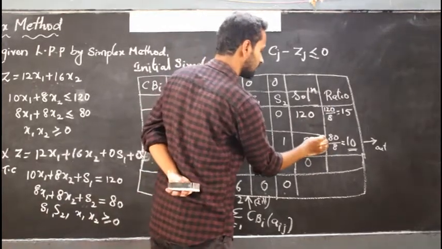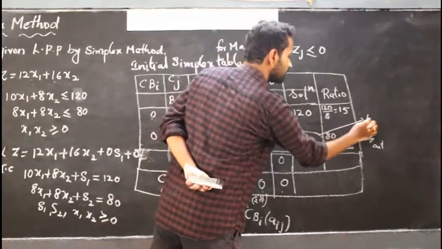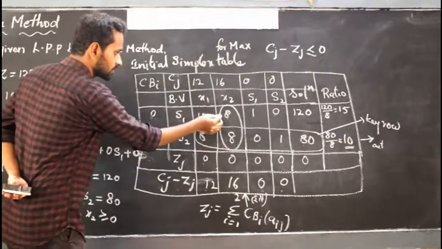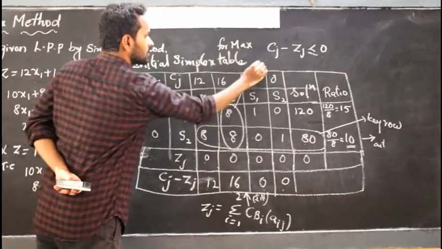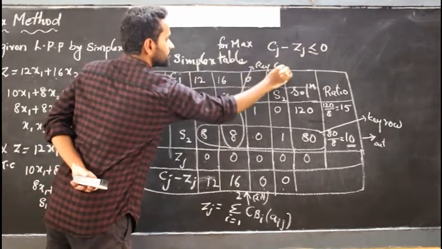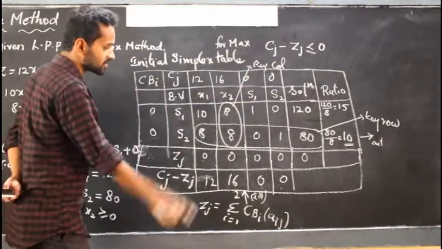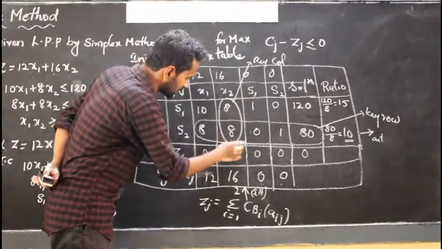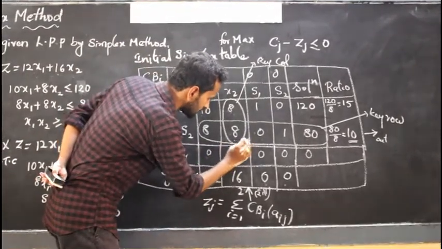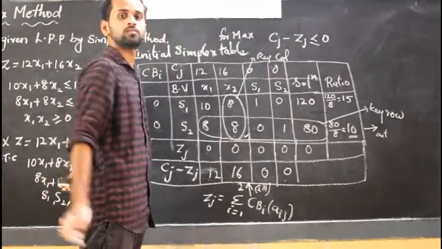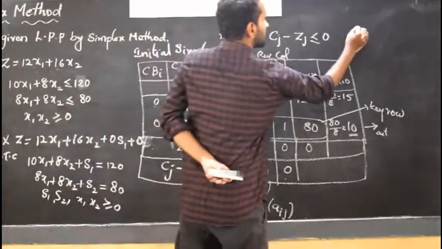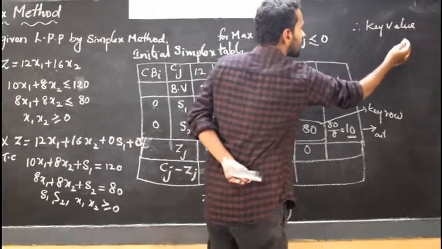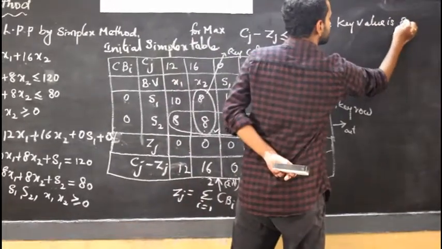Look, this is called the key row, and this column is called the key column. The intersection of the key row and key column, this 8, is called the key value. Therefore, my key value is 8.